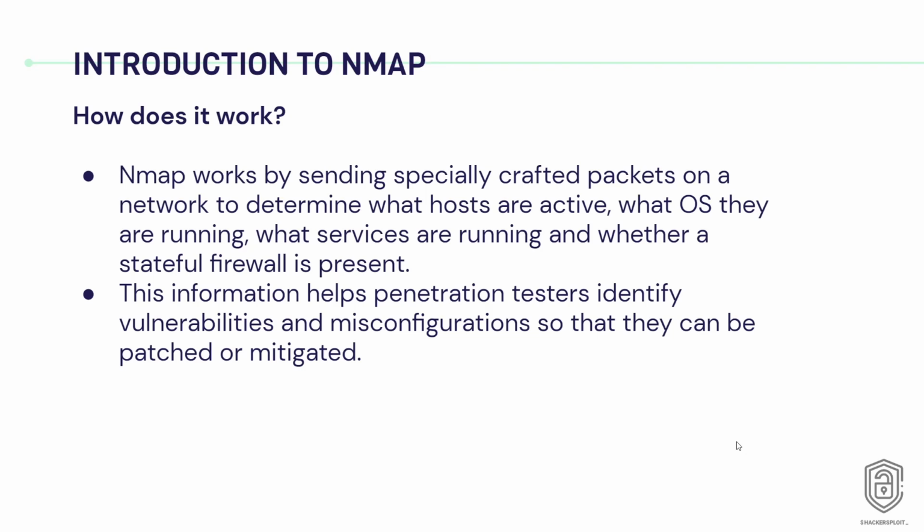That's the analogy of a teacher in school taking the roll call, or asking whether a student is present or absent. He calls out the name, and based on the response, the teacher is able to tell if the student is there. And the same goes with nmap. It essentially sends packets onto a network, and then based on the responses, it's able to determine whether the host is active, what operating system they're running, what services they're running, so on and so forth.